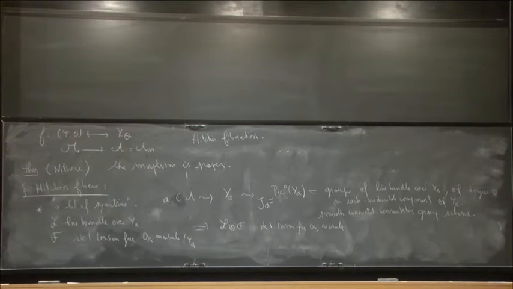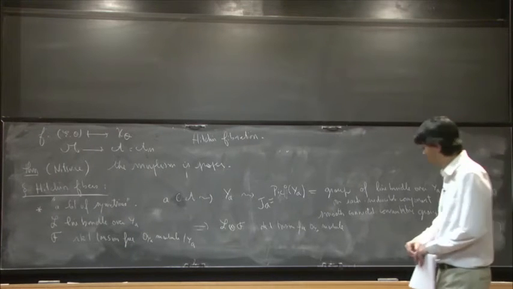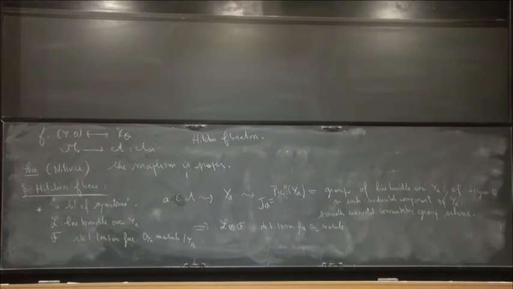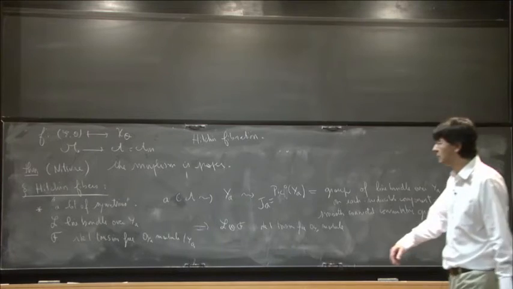Okay. So let me look first at a case where YA is smooth. Then the Hitchin fibers, by the Hitchin-Beauville correspondence, is identified with line bundles.